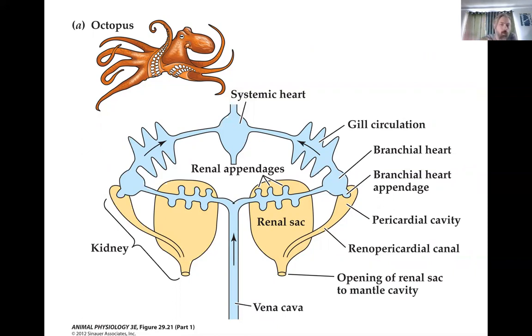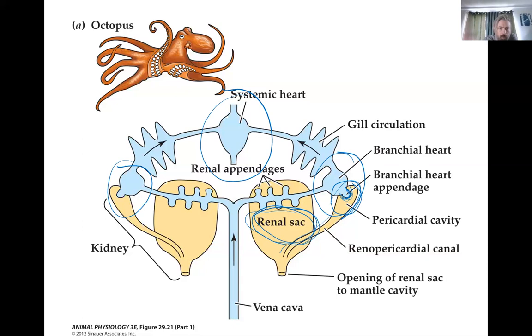If you remember from before, octopodes here have three hearts. They have a systemic heart, and then they have two branchial hearts prior to both of the gills. These branchial hearts have a little appendage that sticks out into a pericardial sac. And that pericardial sac is connected to this little dude here called a renal sac.